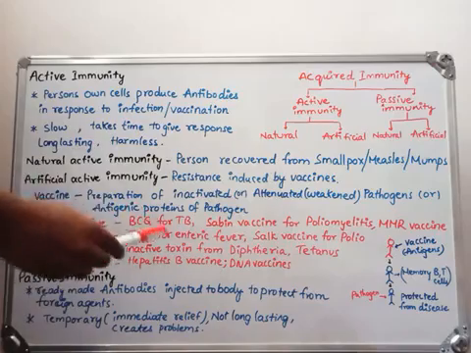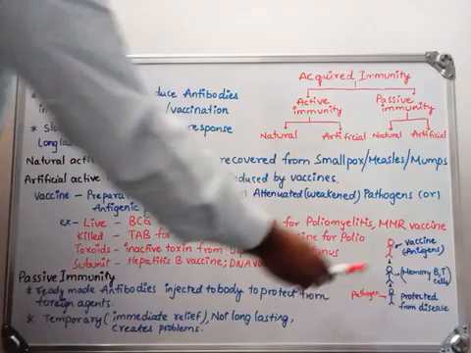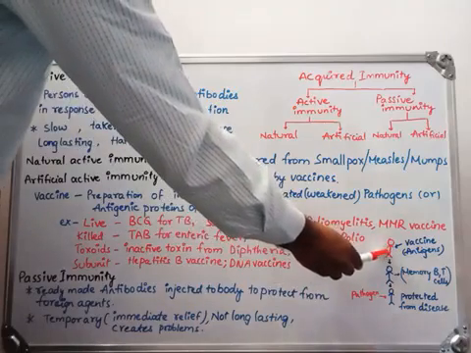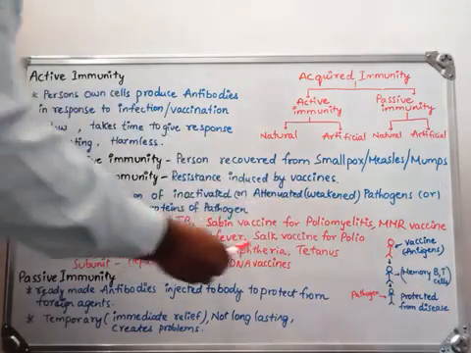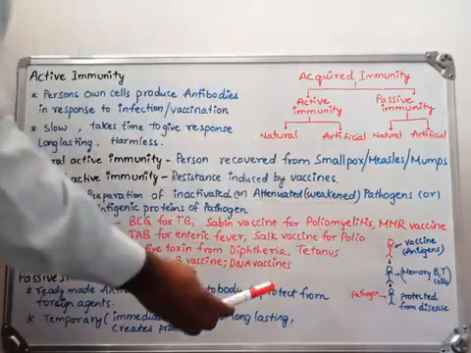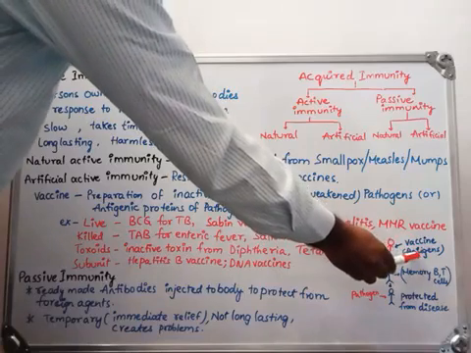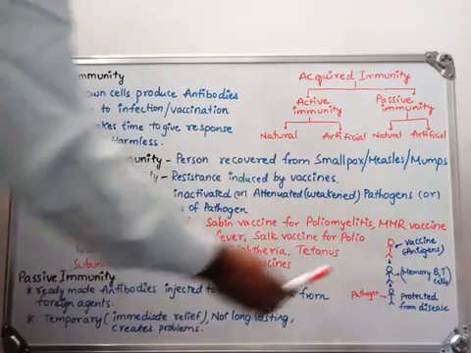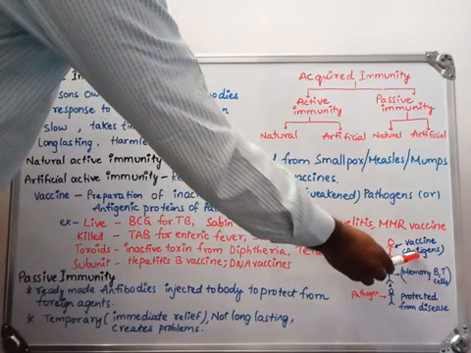Now for easy understanding, I am giving you a pictorial diagram where the person was injected with a vaccine. Take any type of vaccine which is injected here. So what is a vaccine originally? It is made up of antigens. Now the person is exposed to specific antigens.